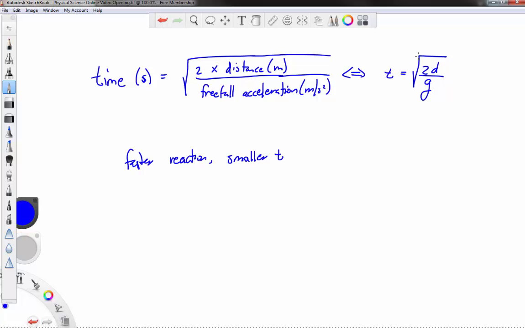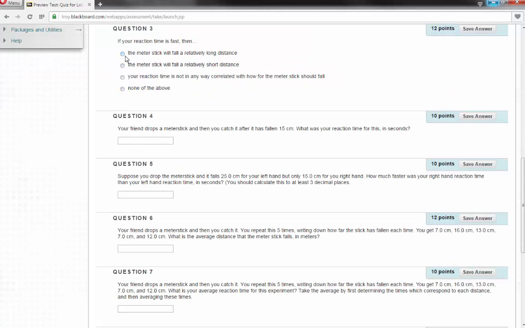In other words, the faster your reaction time is, and therefore the quicker that you catch the meter stick, the less time that it has to fall, and therefore the less distance that it's going to be falling. So that means that the answer here should be that for a fast reaction time, the stick should fall a short distance.